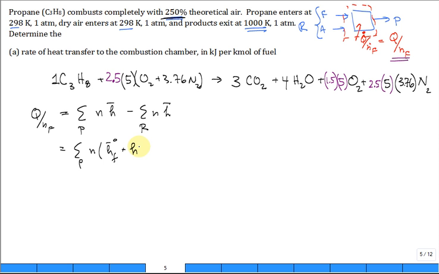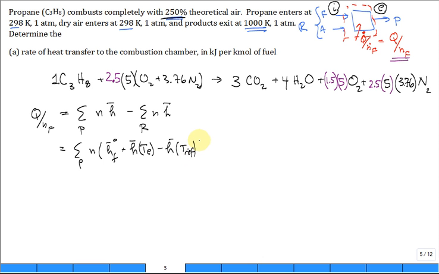It's going to be the enthalpy evaluated at the exit temperature minus the enthalpy evaluated at the reference temperature on a molar basis. If you wanted to, you could say this is the inlet, or this is the exit, or put subscripts 1 and 2. I'm sorry, this is not inlet, this is reference.